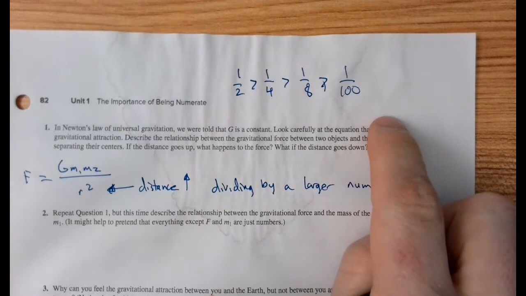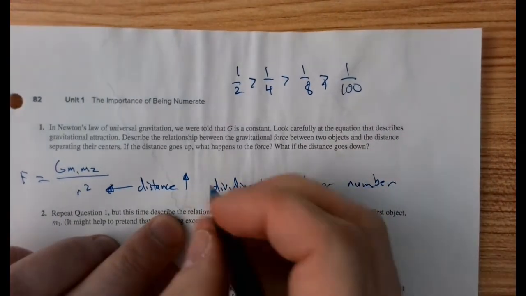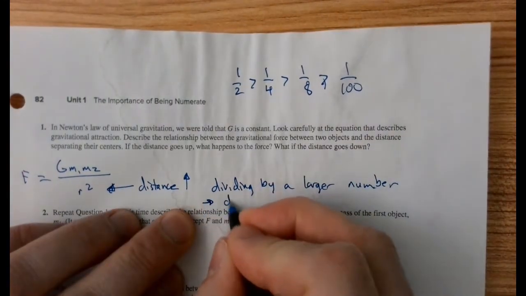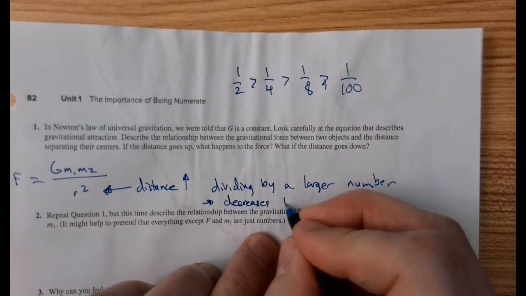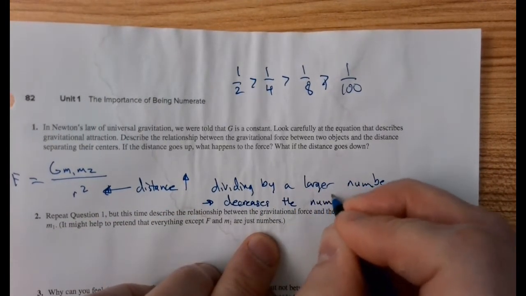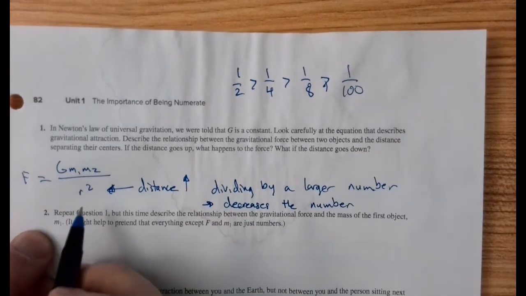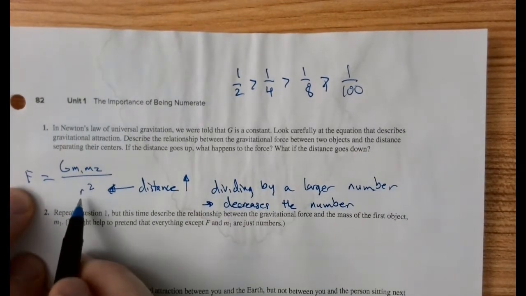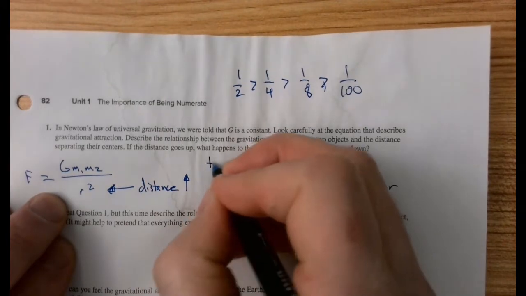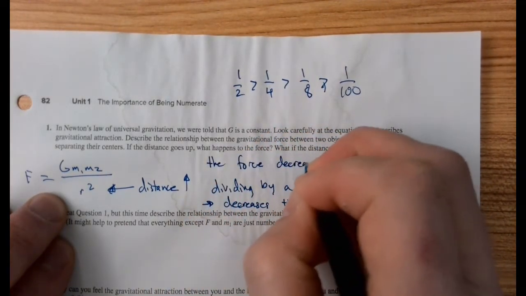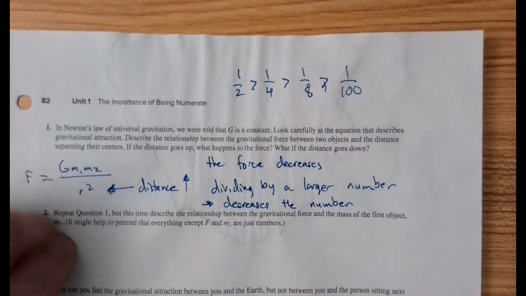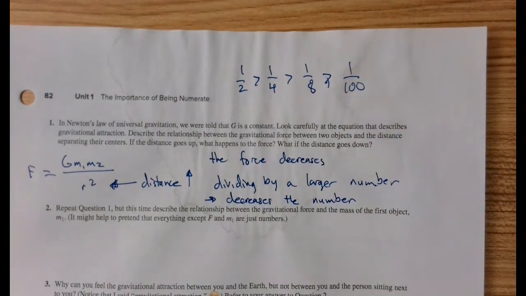They're decreasing. So dividing by a larger number decreases the number that the fraction represents. So in summary, what happens when we take things further apart? The force decreases. So the further away two objects are, the less force they exert on each other.